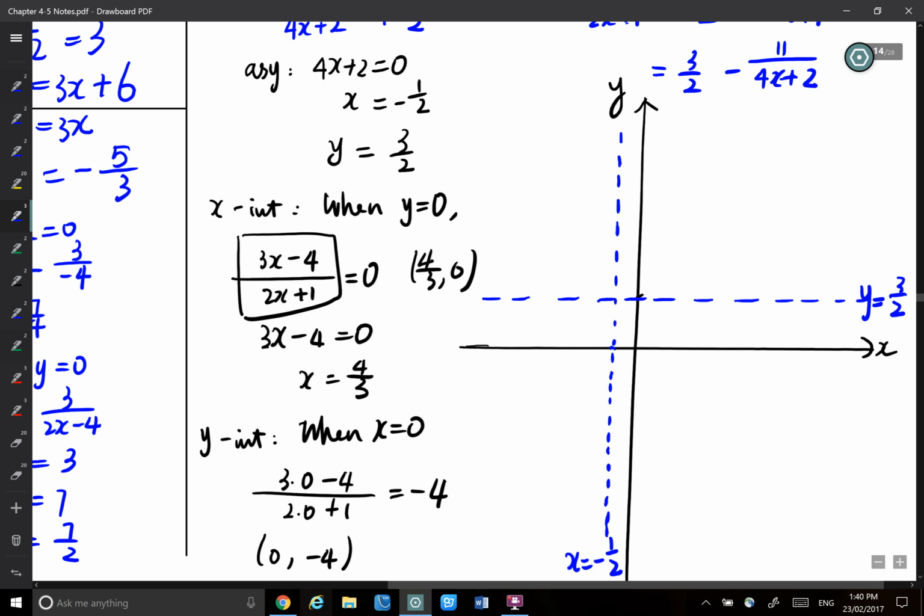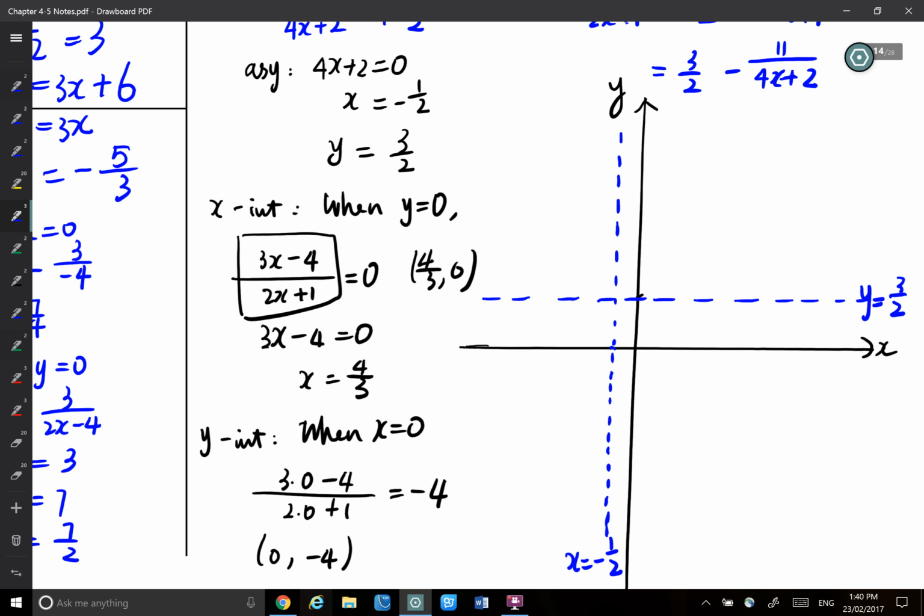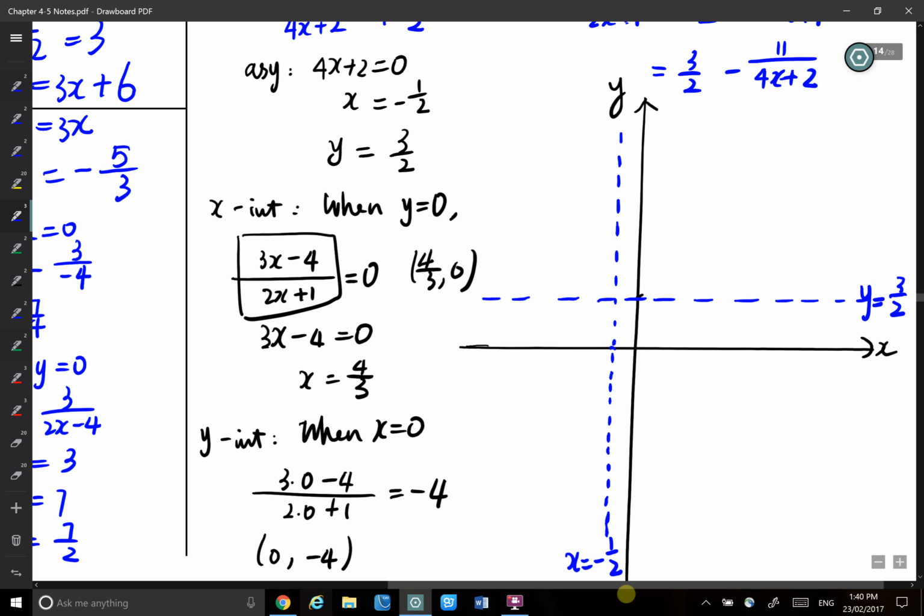And the y-intercept is 0, negative 4, which is here.